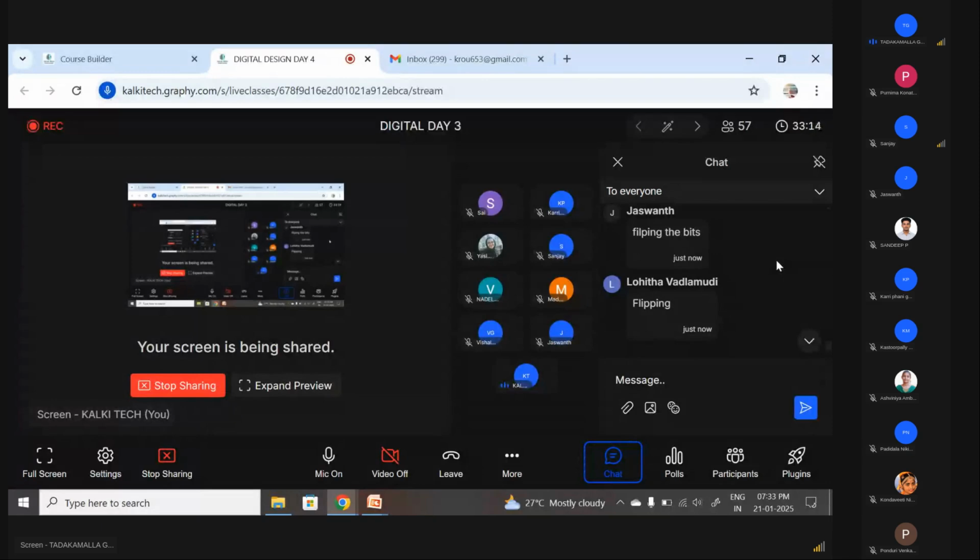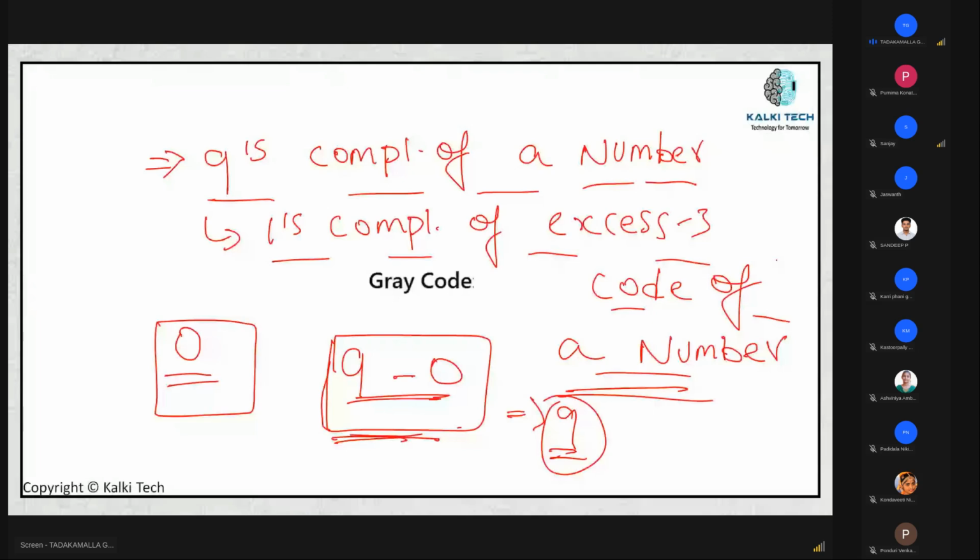That's it. So that's why in particular cases, if we want to find this nines complement, then we use this particular concept of XS3 codes. Is it clear for everyone? Shall we move forward? Okay, no issue.